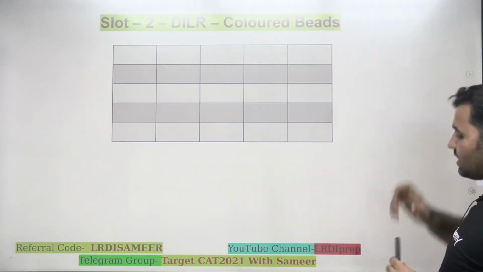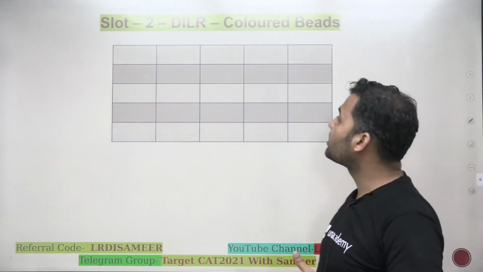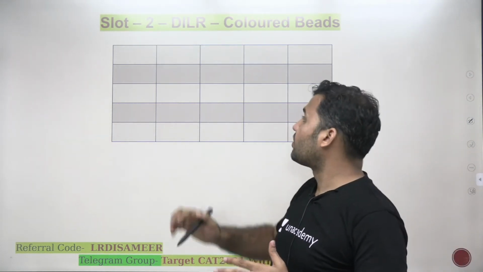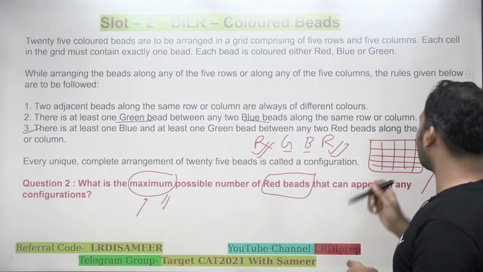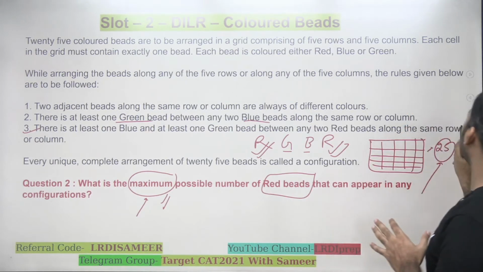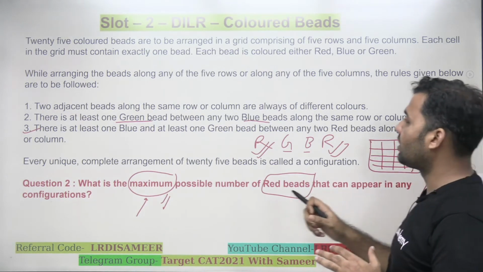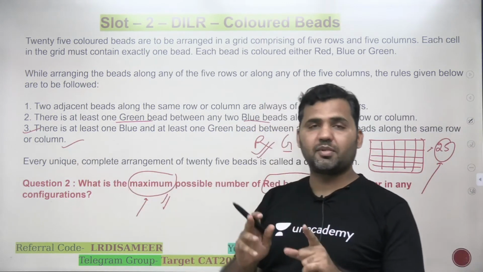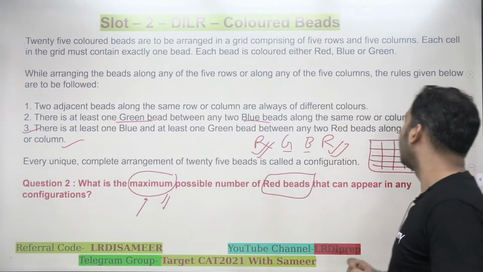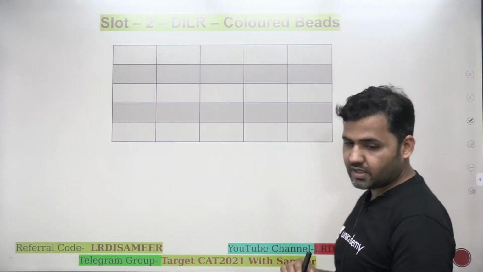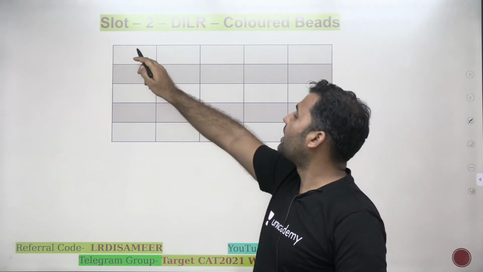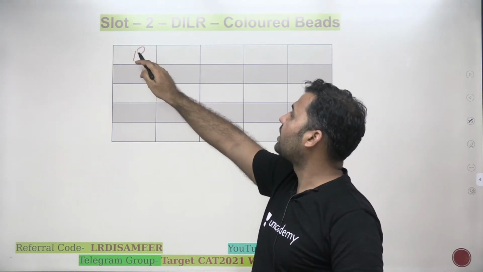All right. So now let's try to make a configuration with the maximum number of reds. Keep this in mind: the conditions given here are applicable only row wise or column wise. It's not applicable diagonal wise, right? So now, if I have to satisfy this condition row wise, I need to place red over here, right?